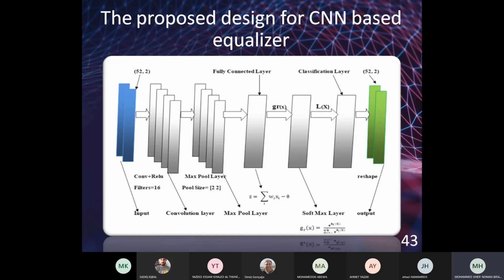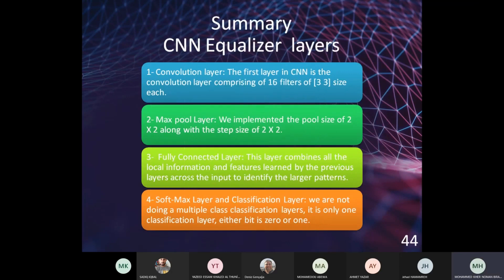And finally, we go to the classification layer. It follows the softmax layer and applies the CNN to our received data. So this is the summary: the convolution layer, the max pool layer, the fully connected layer, the softmax layer, and finally the classification layer.